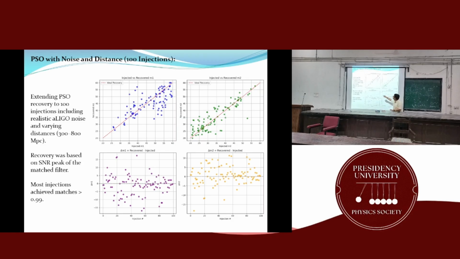If the recovery is correct, it will follow this line. Here, if we perfectly recovered the masses, say the best match is 1, then it will fall on the x equals y line, this one here.